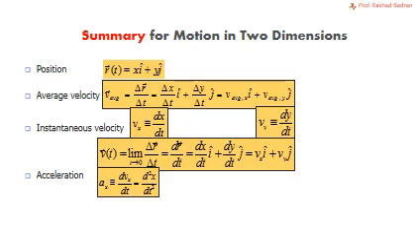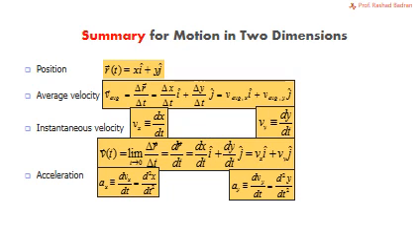Again, the acceleration along the x-axis is defined as the derivative of the velocity component along the x-axis with respect to time, or the second derivative of the position x with respect to time.